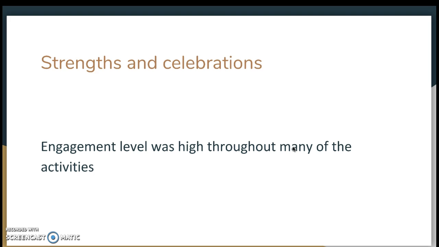One of the strengths and celebrations was that the engagement level was very high throughout many of the activities. And I'd like to say the whiteboard activity, we had 100% engagement when they were writing their favorite emoji, but we had almost 100% engagement throughout that, as they really started to practice and identify, okay, is this going to be no solution?